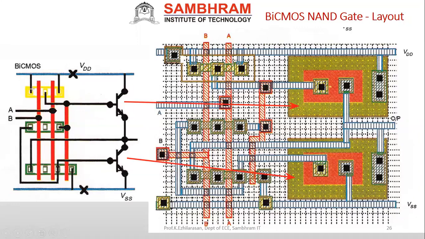Then the color you can see clearly. This will be your CMOS circuit, as I said earlier. This portion is the CMOS portion. Then, as I said earlier, one NMOS portion will come. So try yourself, you have to draw this.